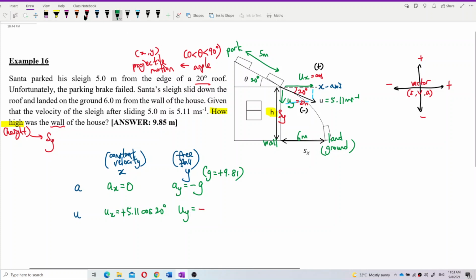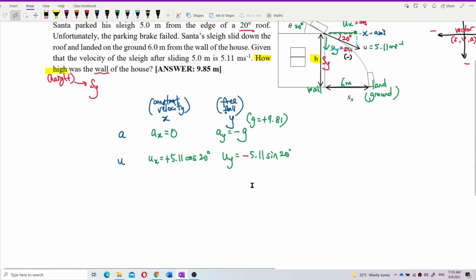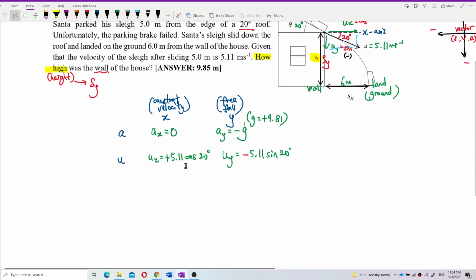Negative 5.11, and this one uses sine 20. Negative 5.11 sine 20. Okay, done.